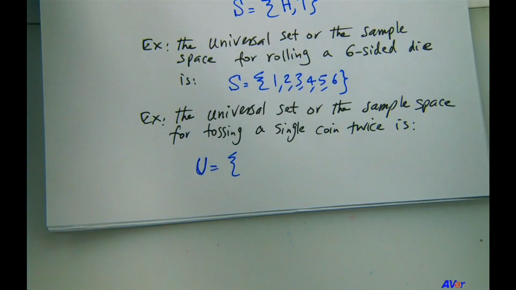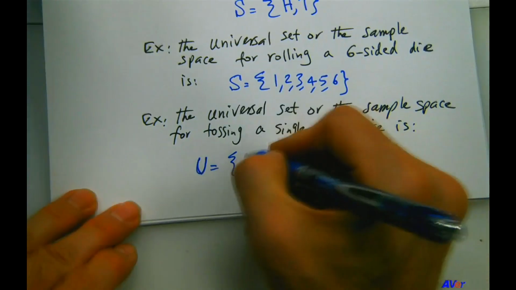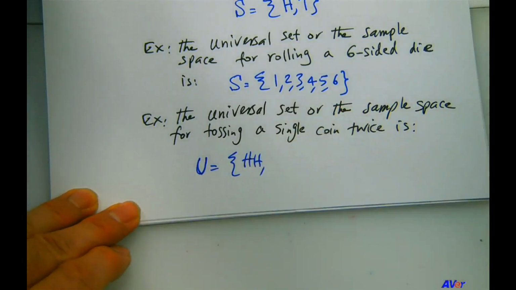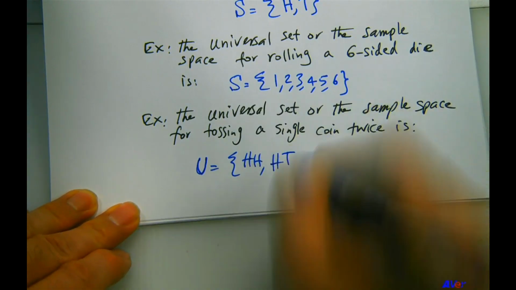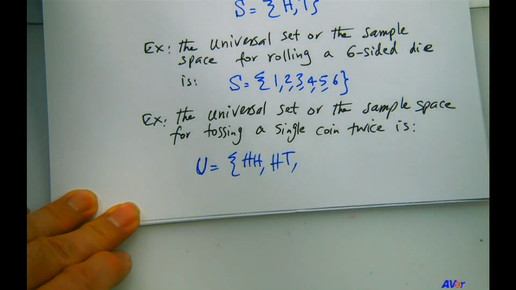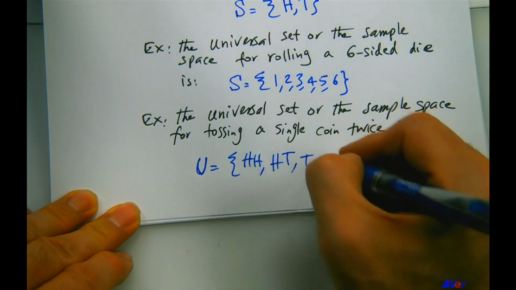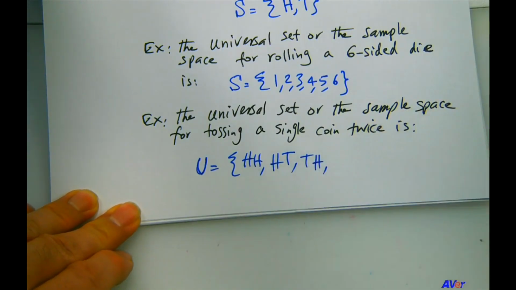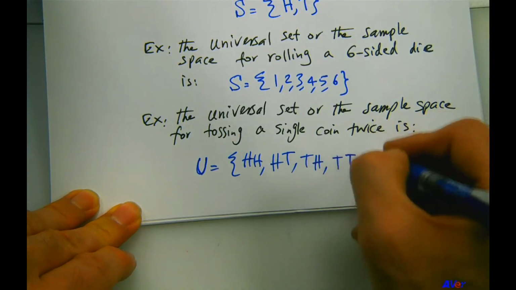You can get two heads, so that's one possible outcome. You can get the first one come up head and the second one a tail, or the first one a tail and the second one a head. Is that all? Or is there anything else we should add? Well, if you said a couple of tails, you'd be right.